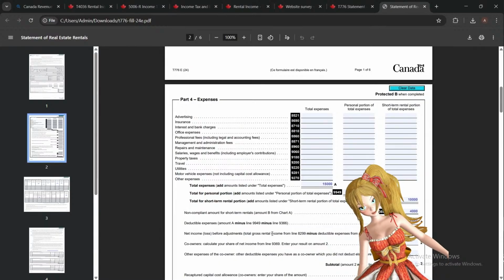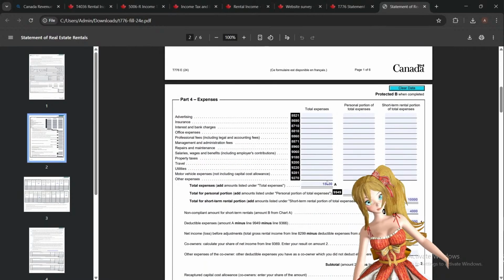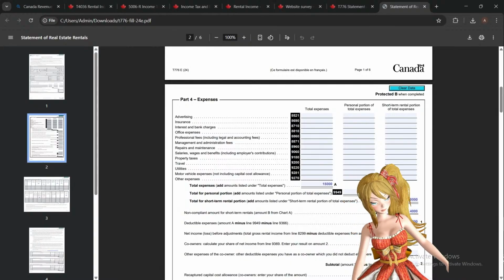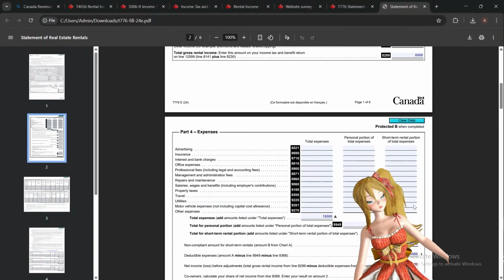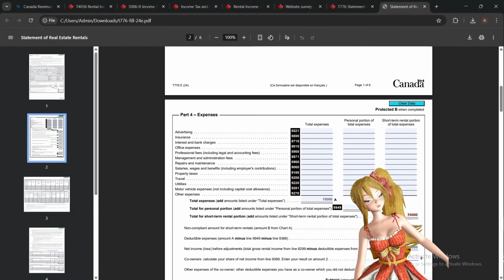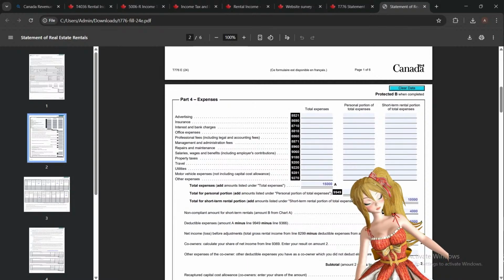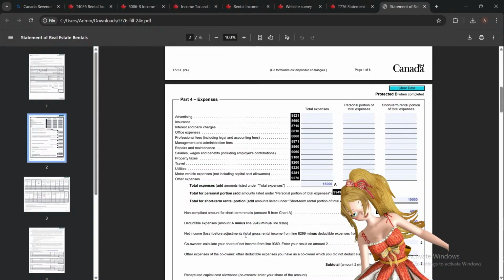Okay, net income is the revenue, 8,000, minus the wonky deductible is 2,000. So I made a $2,000 profit. If I lose $2,000. What? No, this should be negative.